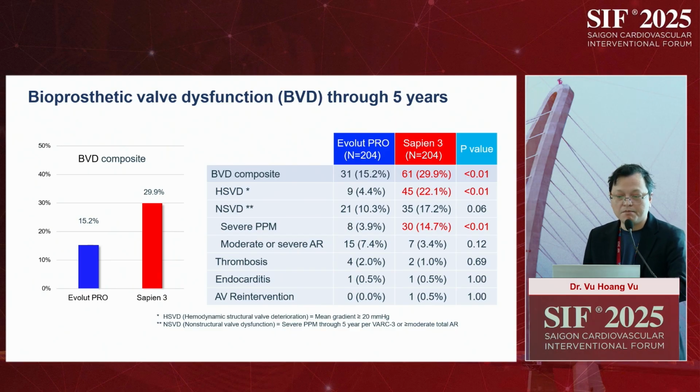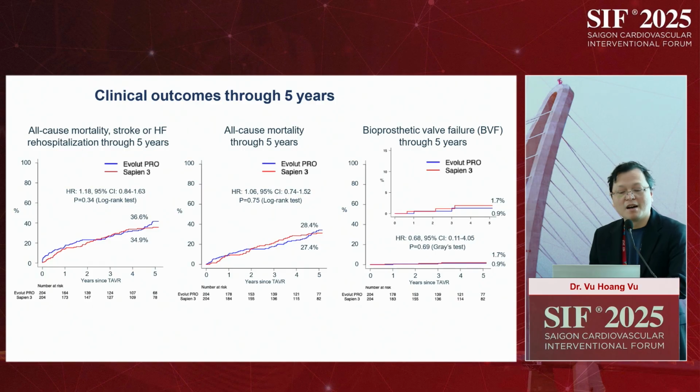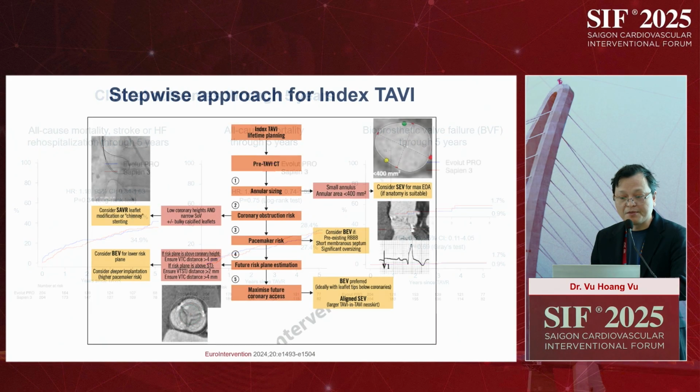It means the self-expandable valve is better than the balloon expandable valve in terms of hemodynamic pressure gradient after the procedure and after 5 years. But we still have the same clinical outcomes, heart failure, stroke, hospitalization, in both groups. So the gradient is different, but the composite endpoint and hard endpoints are similar at 5 years.